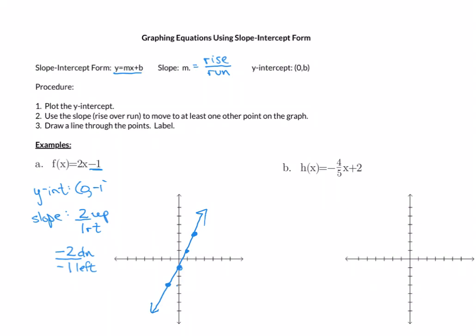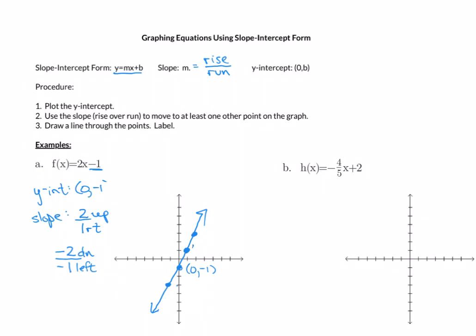We want to go ahead and label. If we label, we have our y-intercept as (0, -1). And remember that when you label these points, points are always sideways and then up and down. So for instance, if we label this point, this is 1 to the right and 1 up.